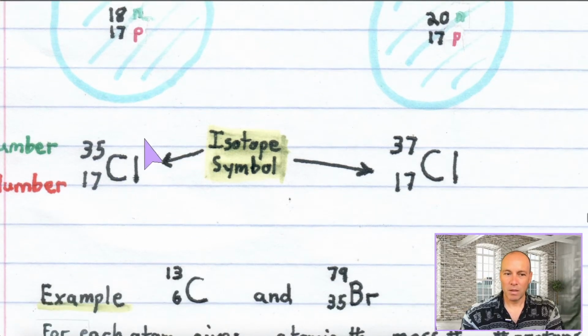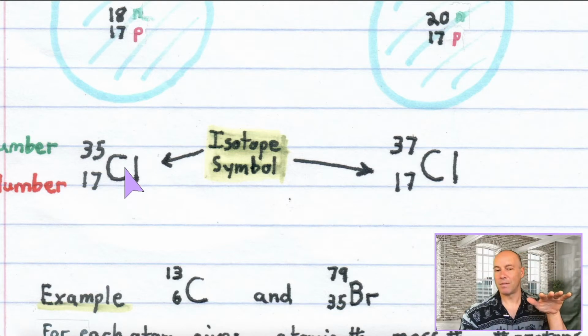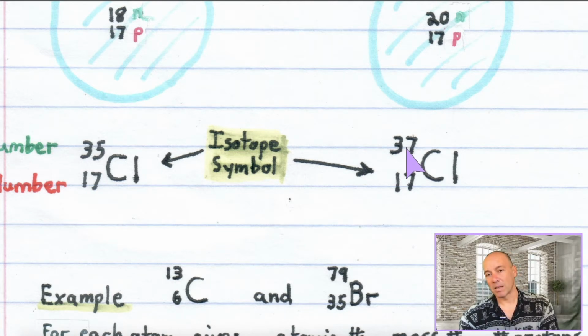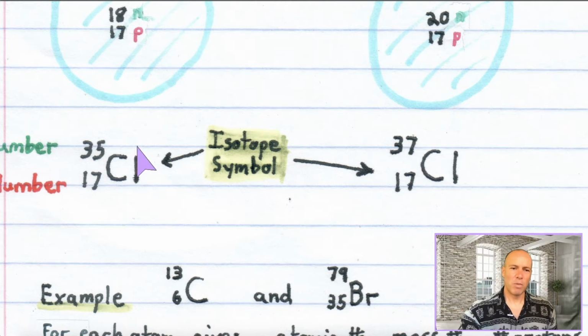So atoms that look like this weigh about 35 atomic mass units, but the other type of chlorine atom weighs about 37 atomic mass units. So what's the average mass of a chlorine atom? It's going to be somewhere between 35 and 37.